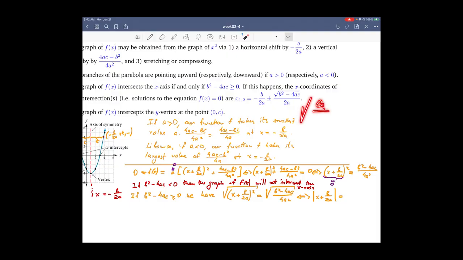Root of a over b is root a over root b, provided of course that all the square roots here exist, meaning b is strictly positive, a is non-negative. So I will have root b squared minus 4ac over root 4a squared.